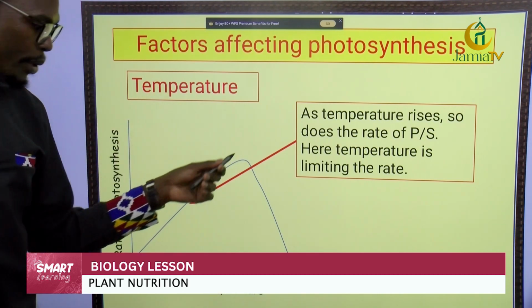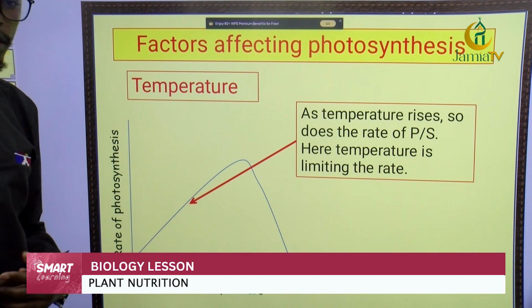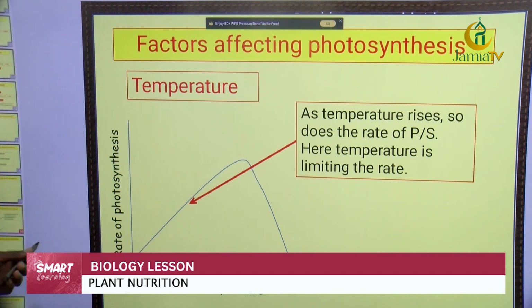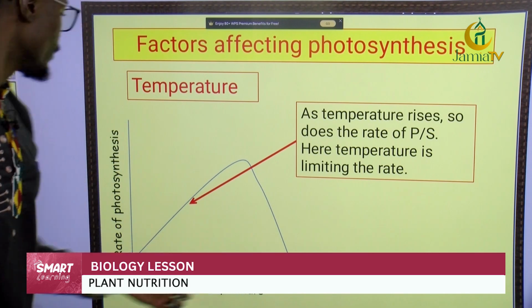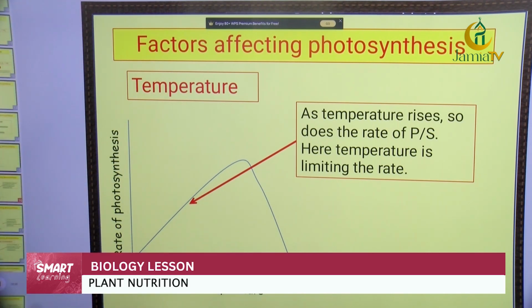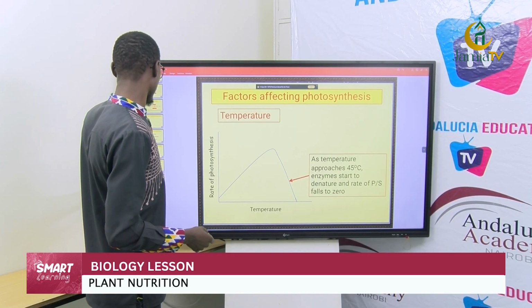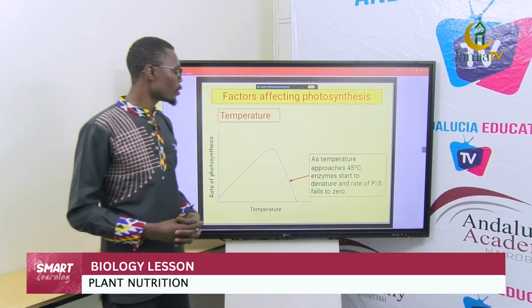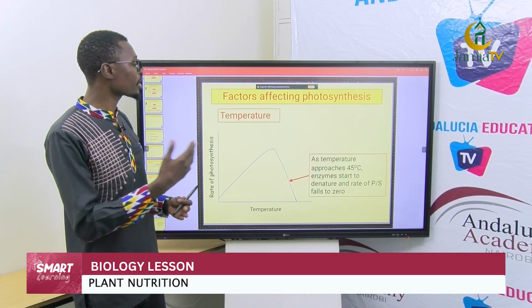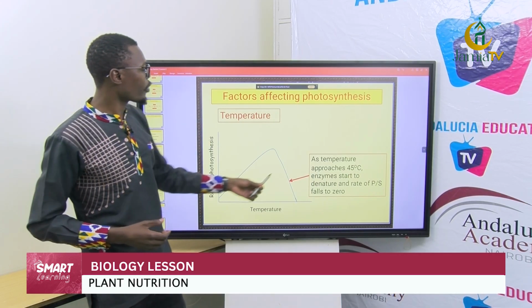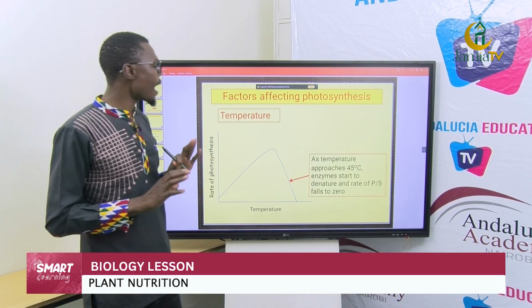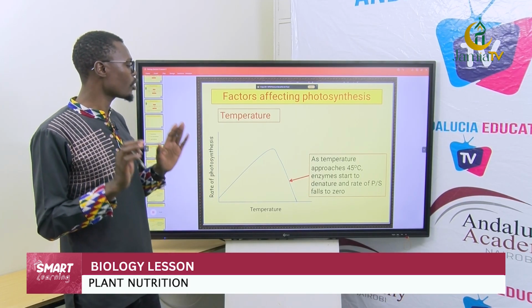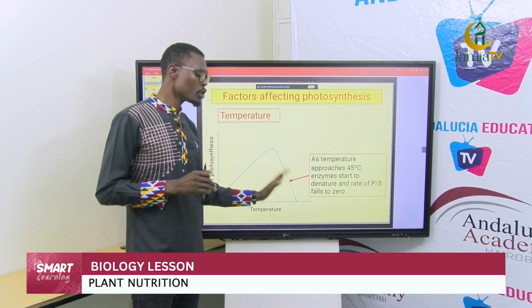Then extreme temperature will denature the activity of the enzyme. As indicated, that is around a temperature which approaches 45. So 40, 42 and above. At 45, the enzymes are denatured, and therefore the rate of photosynthesis will fall to 0.